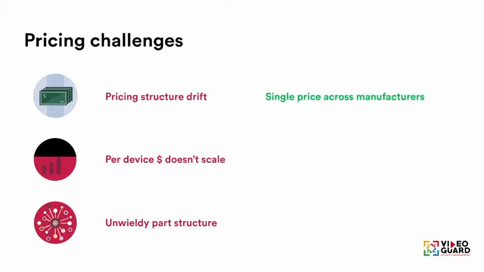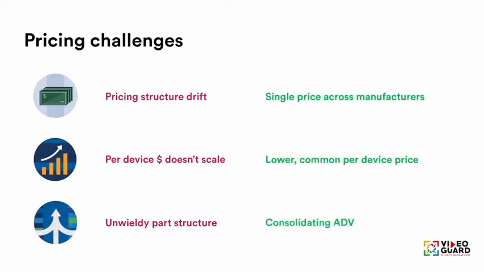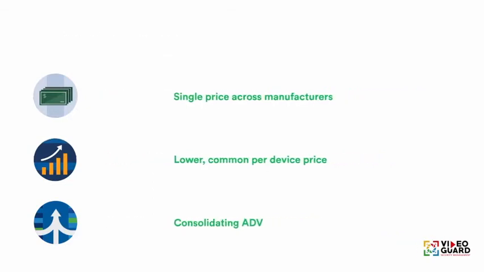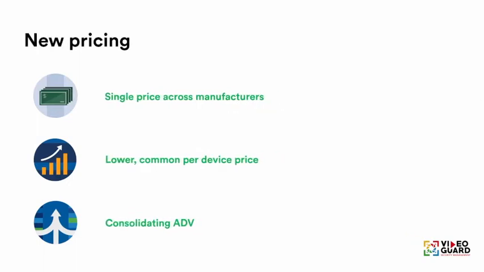To address the per device problem, we decided to introduce a base price so that we have an introductory price level for single panel or single cabinet systems, and lower the per device price as well as make it a single one across the board. And then finally, to address the unwieldy price structure, we've consolidated the Advantage parts so that there's now a single set of part numbers for Advantage for each the Intrusion panels and for the key cabinets, making it a lot simpler to quote.